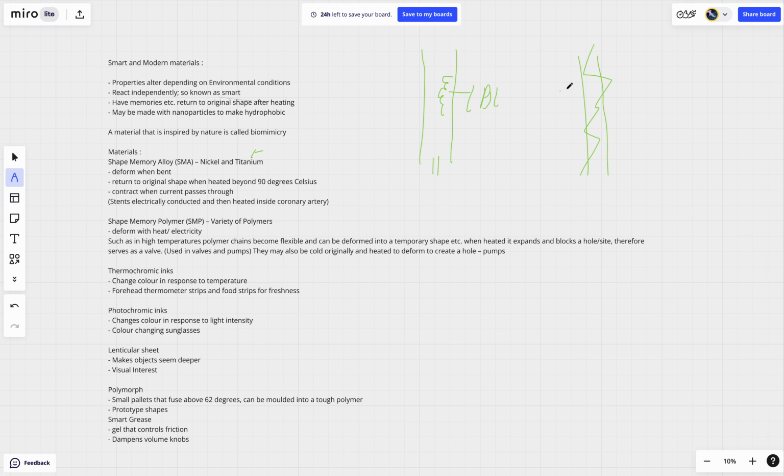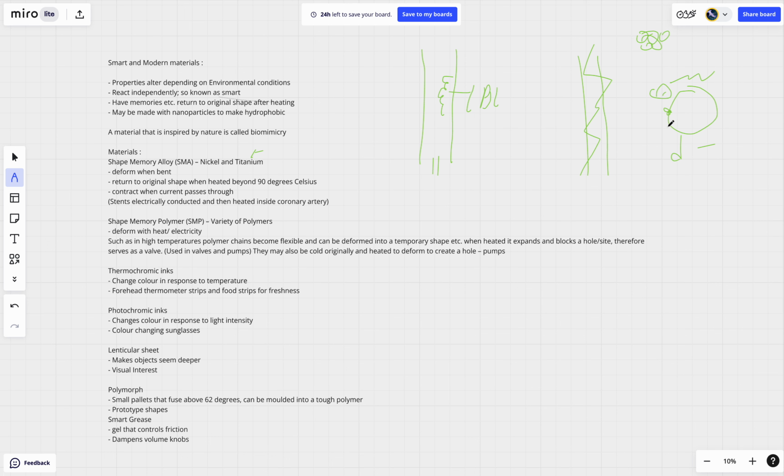The reason why it contracts is because of these things called d orbitals. When you pass current through it, the delocalized electrons get a bit more active, and therefore the electrostatic force of attraction gets stronger, and therefore it gets more dense and more tightly packed.